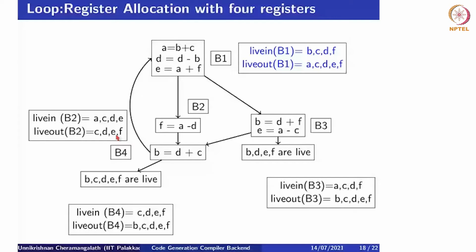Here B is killed, but D and C are used. For B2, A comes as an additional live in. For B3, A, C, D, F come in, E is removed because E is defined, and B is also removed because B is assigned.